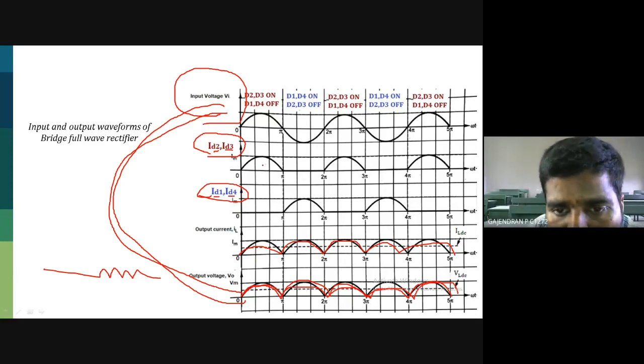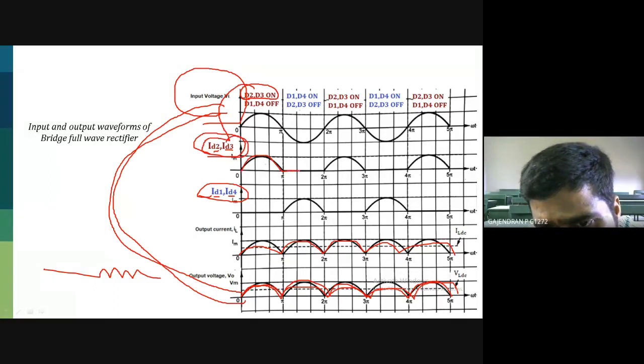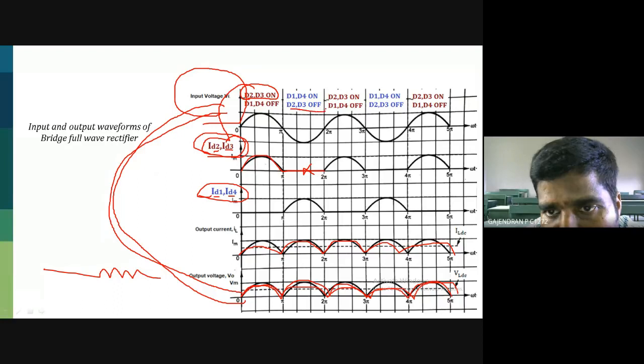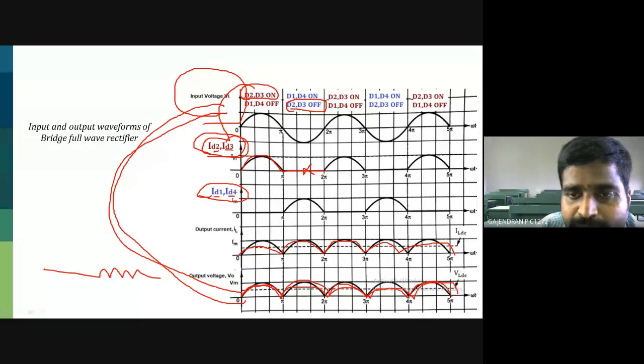So during positive half cycle, my D2 and D3 are on, thereby current flows only through these diodes. During negative half cycle, will current flow through those diodes? No. Because during negative half cycle, those two diodes are in off condition.